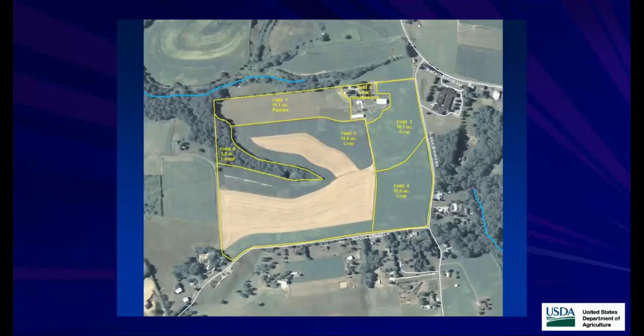And then we have a lot of crop fields close to the barn, close to the headquarters. And we may want to look at converting some of those crop fields to pasture because they're close to the barn.